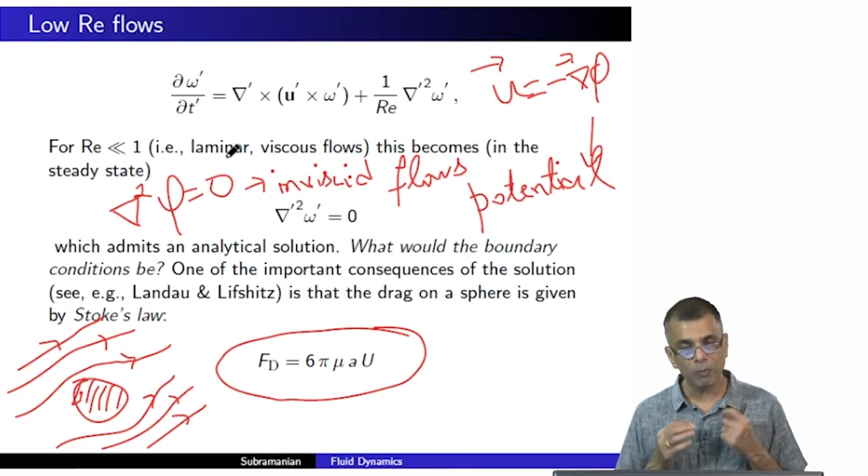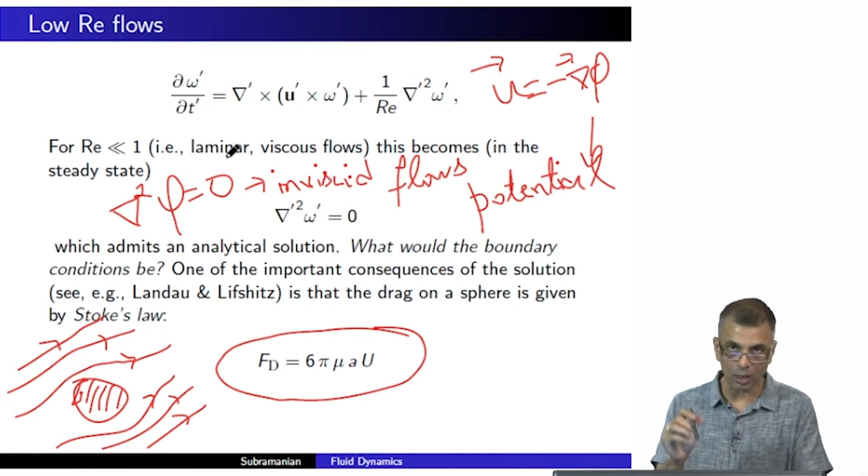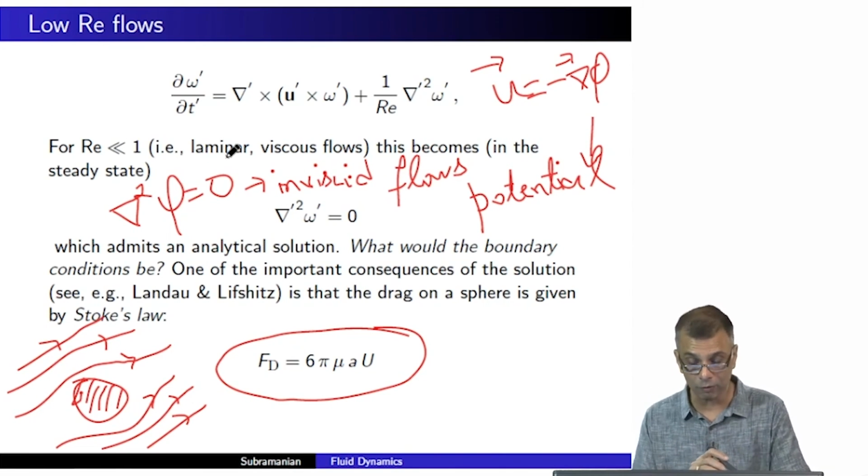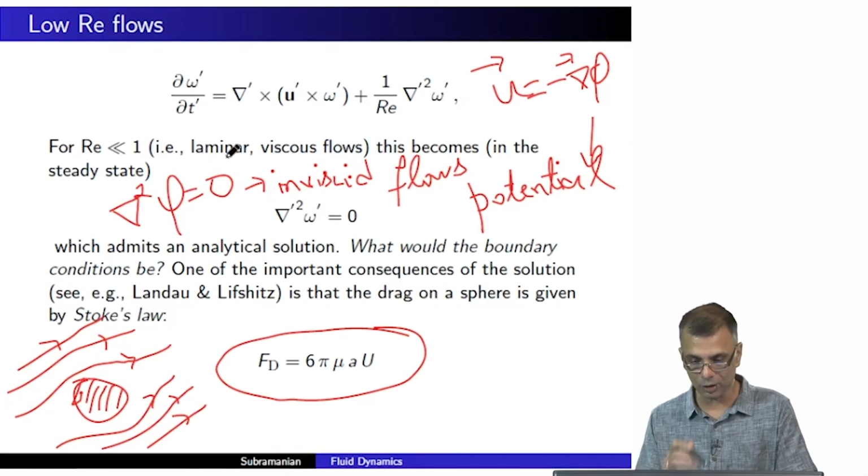However, in the presence of a finite viscosity, in particular, in our case, we are talking about low Reynolds number flows, and so viscous forces are important.